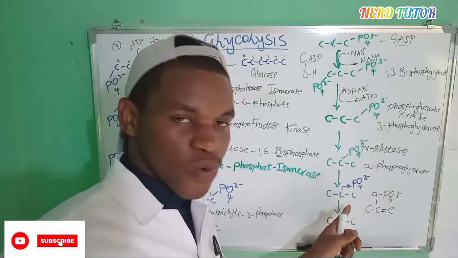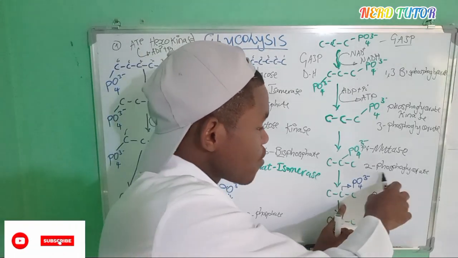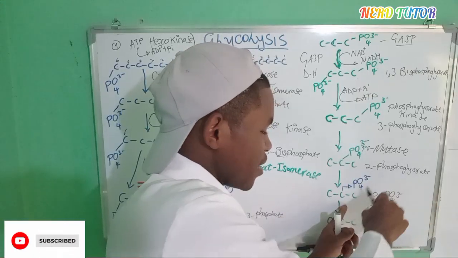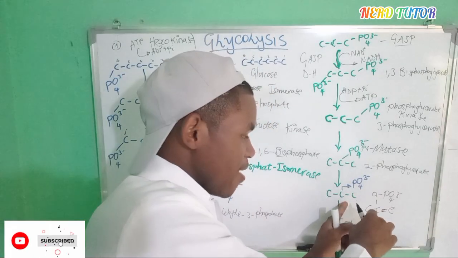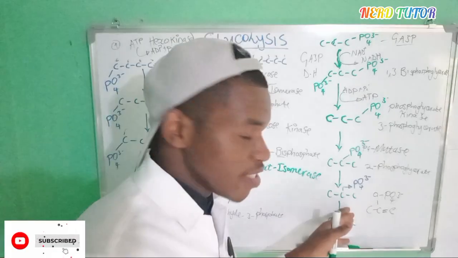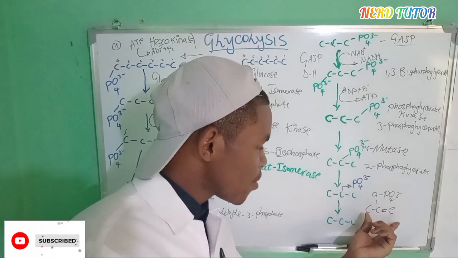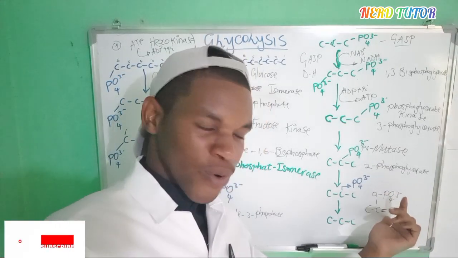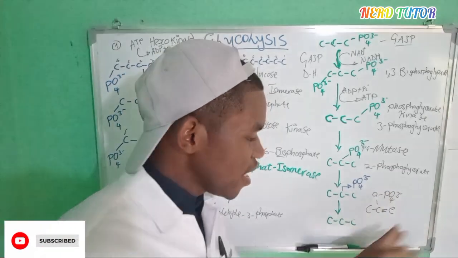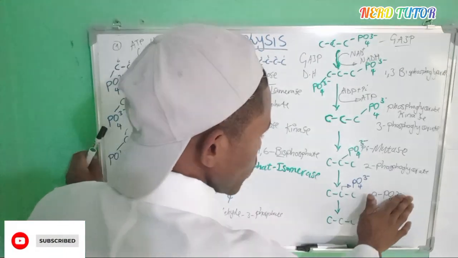This one is still attached at carbon number 2 of the 2-phosphoglycerate. That is where it has been attached. But because it has changed, instead of just attaching to the normal carbon, it is attaching to the enol. This is what we call an enol.